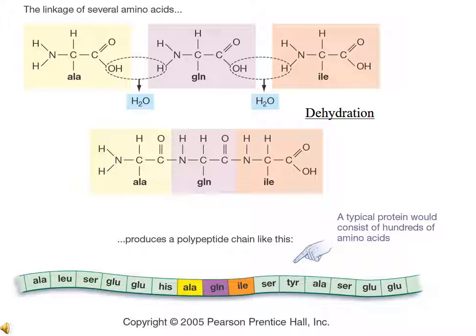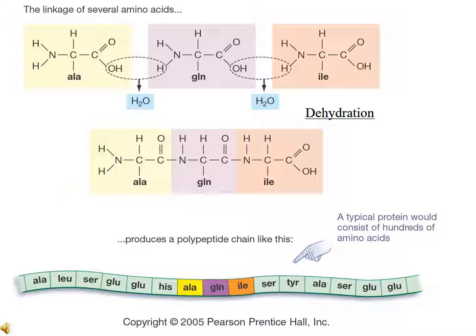When you look at one amino acid next to another amino acid, alanine next to glutamine, you can see that when the two come together, an OH and an H are close by, thus splitting out, and next to the right, again, OH and H split out to form water.